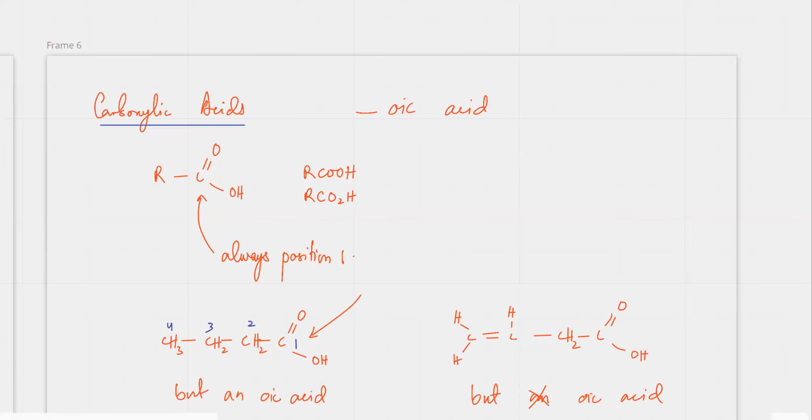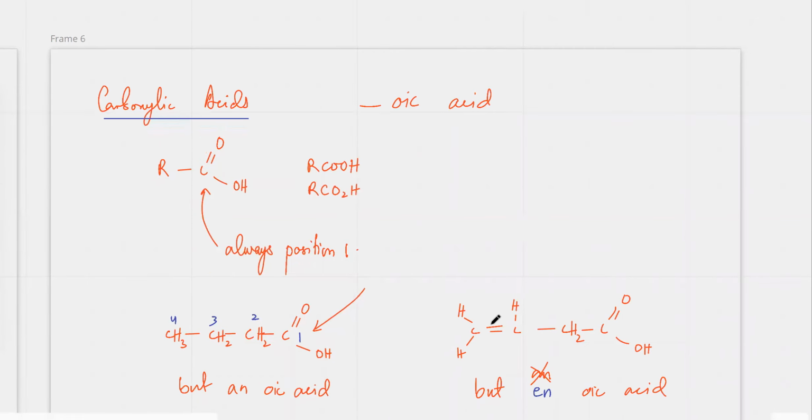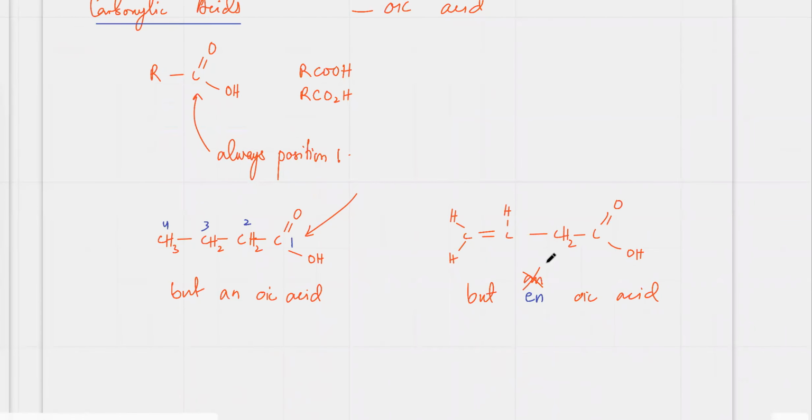It is unsaturated. That means instead of -an, this has got to be an -en now, right? Is this clear? Because of the double bond over here. Clear? Yes or no? Yes, sir. And you have to give the position of the double bond.